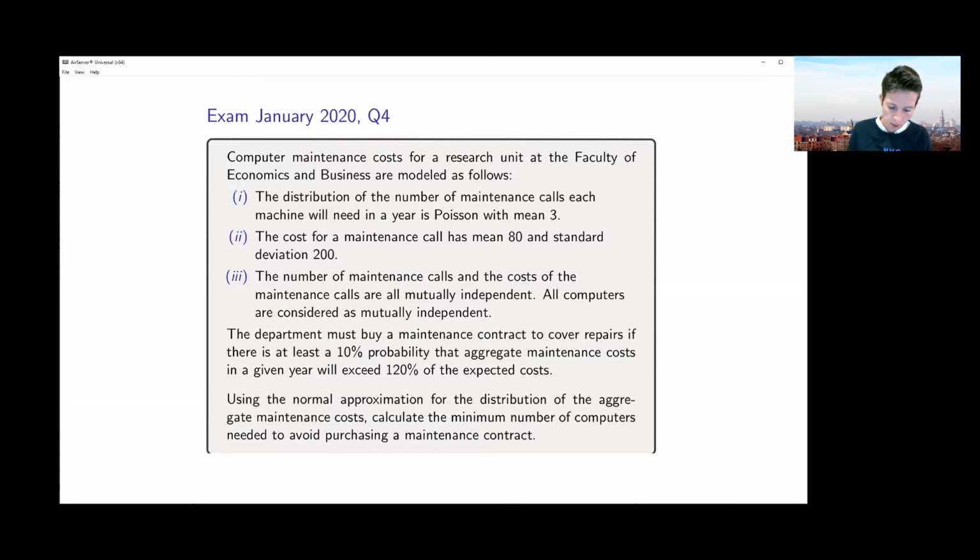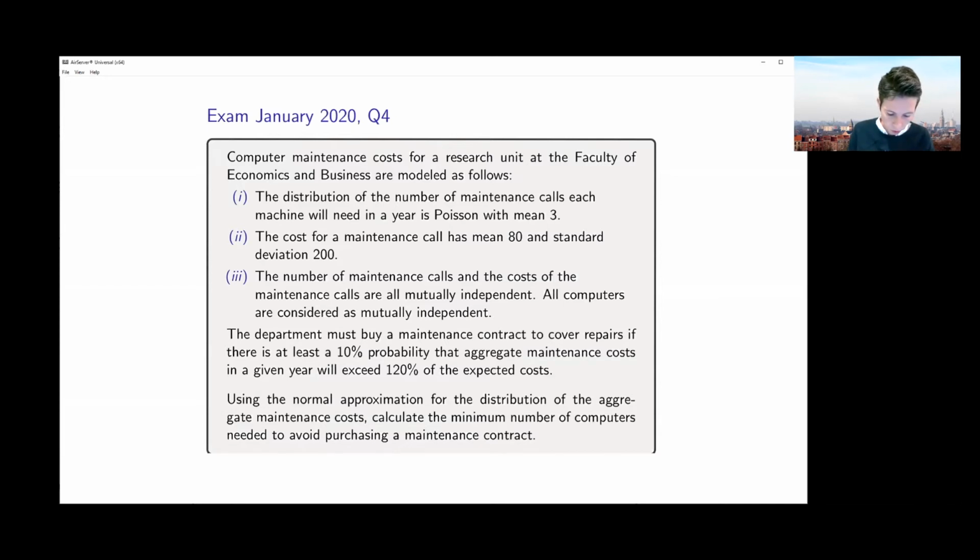The cost for a maintenance call has a certain mean and a certain standard deviation, and the number of maintenance calls and the costs of the maintenance calls are mutually independent. And we're going to consider all the computers to be mutually independent. Now, you could question that assumption, but for now, that's okay.